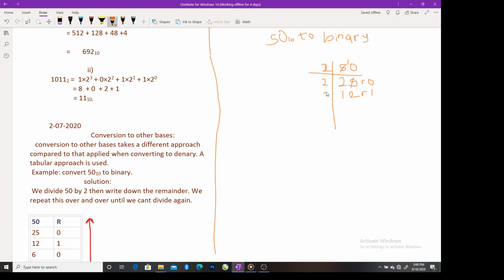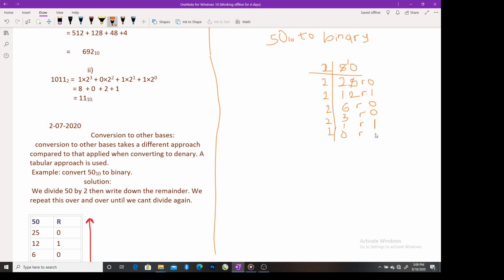Then 2 in 12 is 6, remainder 0. 2 in 6 is 3, remainder 0. 2 in 3 is 1, remainder 1. Then 2 cannot go in 1, that will be 0. Then what will be left? You have remainder 1.